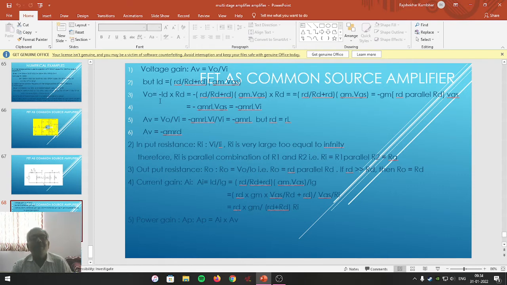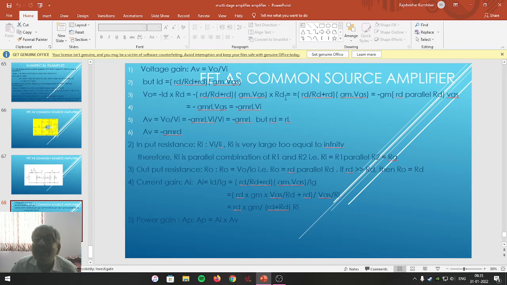But we have already calculated the drain current ID. Put the value of ID in this equation so as to get minus rd upon capital RD plus rd into gm into Vgs into capital RD, which one can write as rd upon capital RD plus small rd into gm into Vgs.